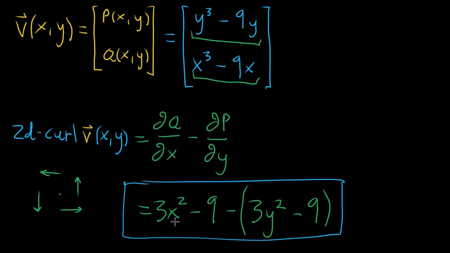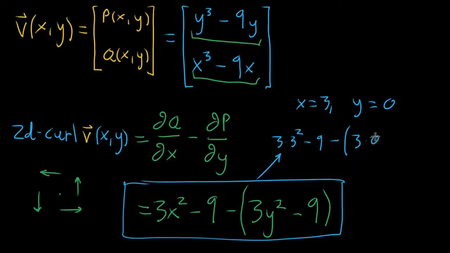So I go over here and say if x is equal to 3 and y is equal to 0, this whole formula becomes, let's see, 3 times 3 squared minus 9, and then minus the quantity, now we're plugging in y here, so that's 3 times y squared is just 0, because y is equal to 0, minus 9.